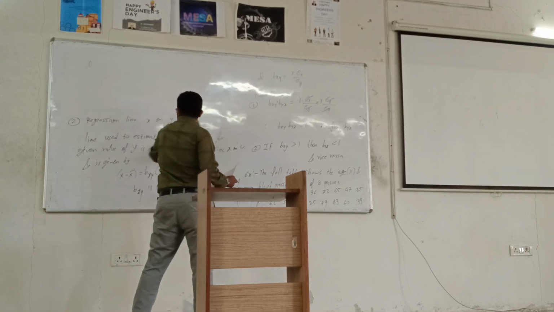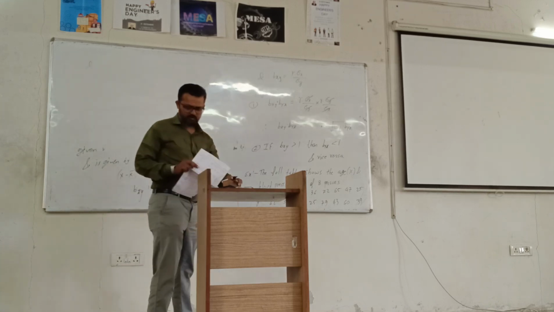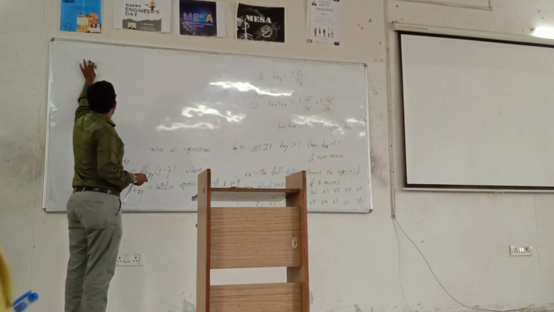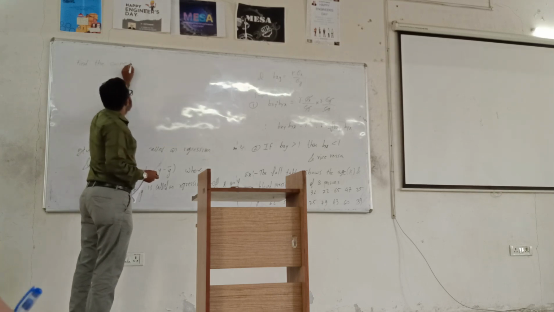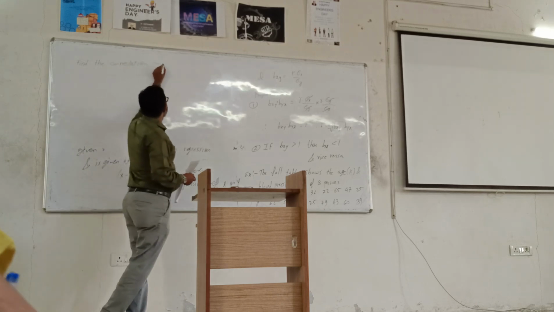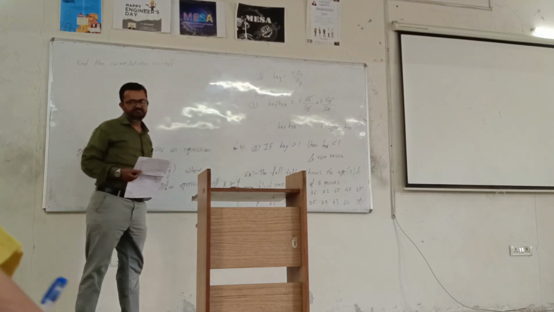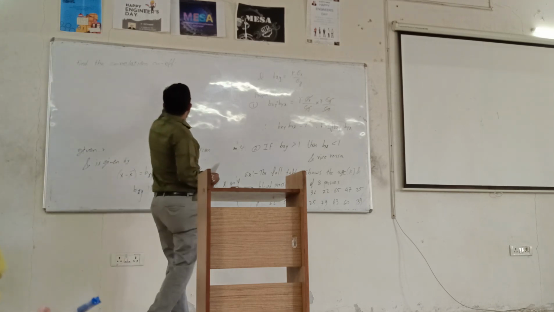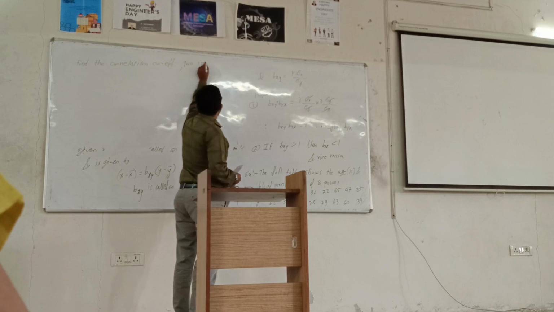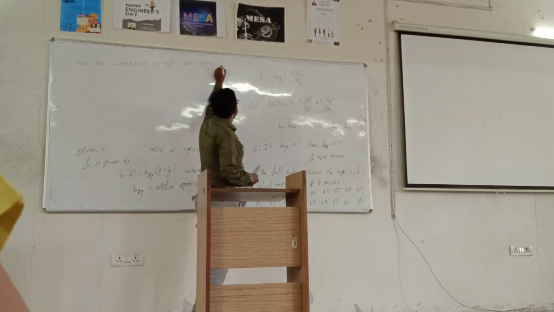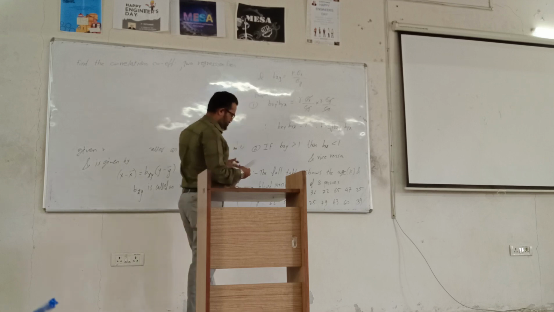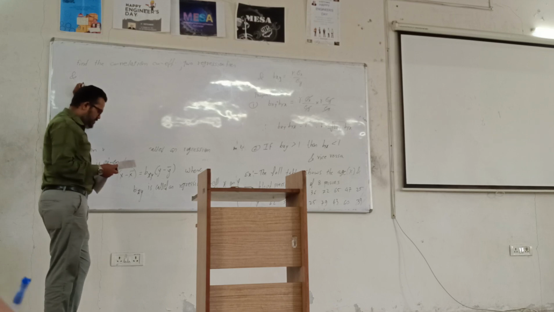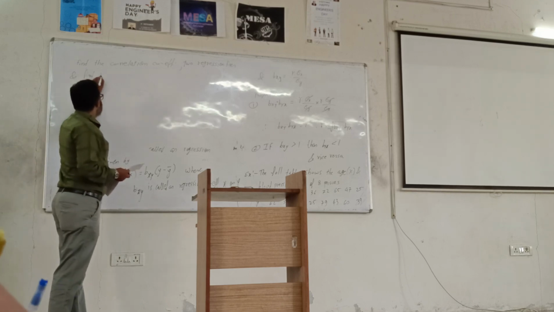Question. Find the correlation coefficient, two regression lines, and find the expected value.